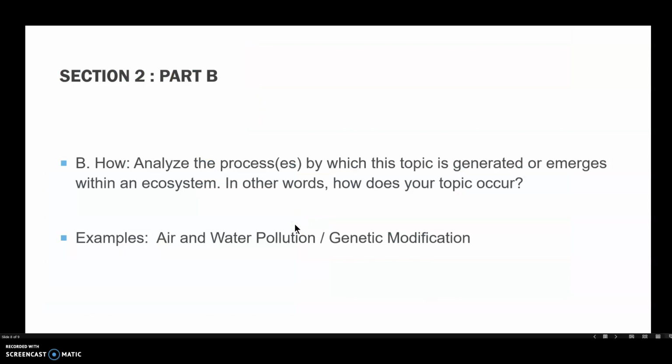Now the next section is, how does your topic occur? These are a little bit tricky, right? Because genetic modification occurs from people inserting or removing genes, so you would want to talk about how that is happening. Now, if you're talking about air or water pollution and it's coming from a human source, then that would be how that's occurring.